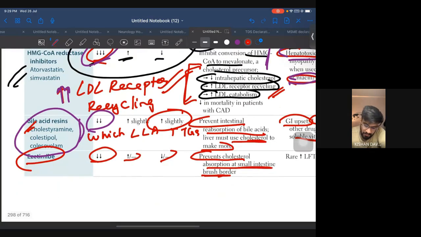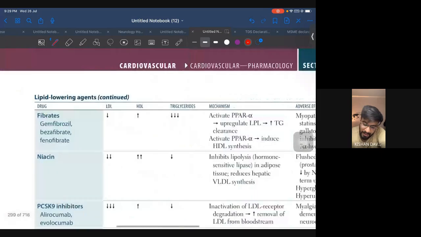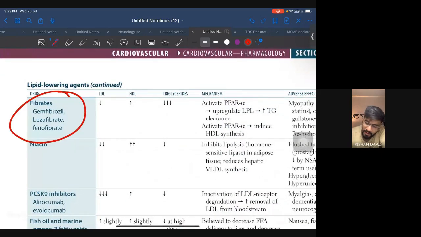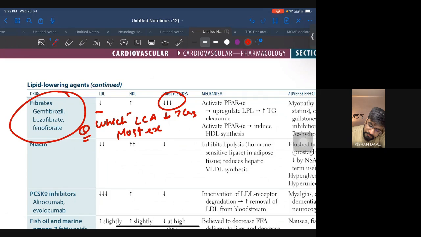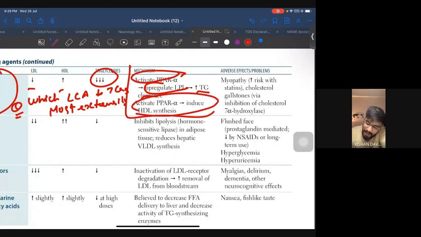Okay, so ezetimibe also liver and diarrhea. Moving ahead, we have fibrates, LDL come, HDL come. And yes, question, which lipid lowering agent decreases triglyceride most extensively? Answer will be fibrate. Activate PPAR, agglutinate TG, ये सब आपको याद करना है, ये पूरी mechanism आपको याद करनी है.